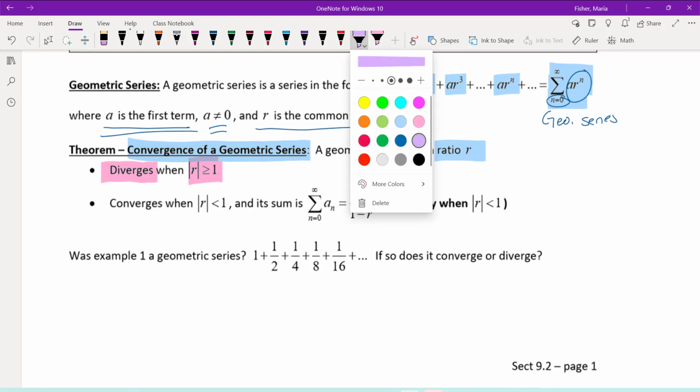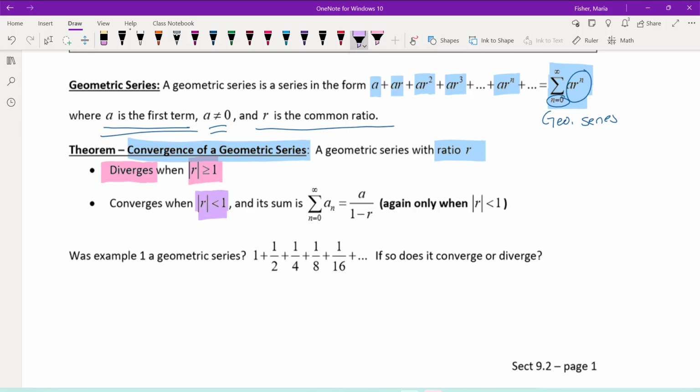If the absolute value of that ratio is less than 1, your series converges, and we can actually find its sum. The sum of that series is going to equal a over 1 minus r, where a again is that first term, and r is always going to be that common ratio.